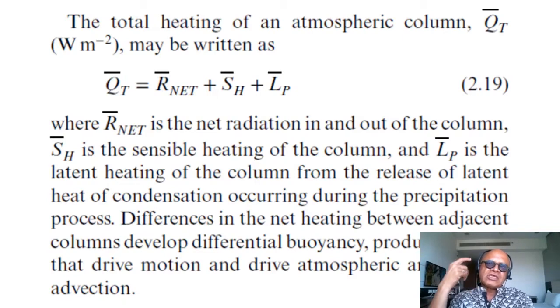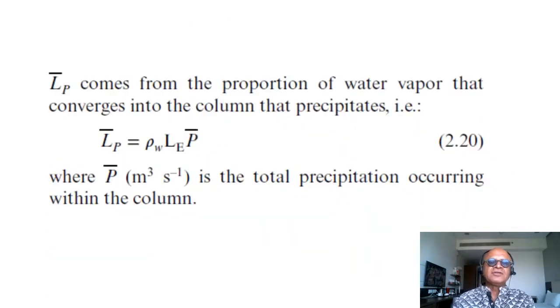When we think about the energy transport from the low latitudes to high latitudes to balance the energy excess and energy deficit, we look for this body force that's going to be created by the buoyancy differences. That's what's going to drive the entire process of advection in the atmosphere and the ocean.